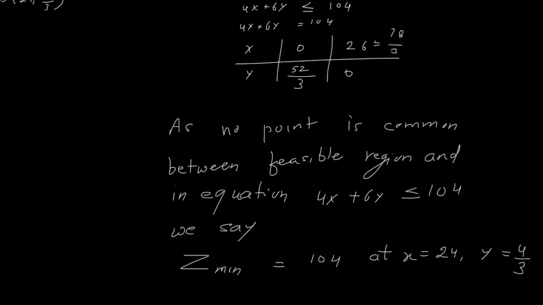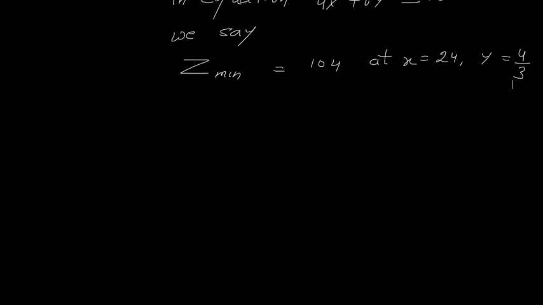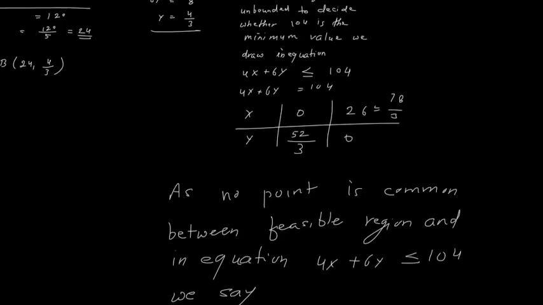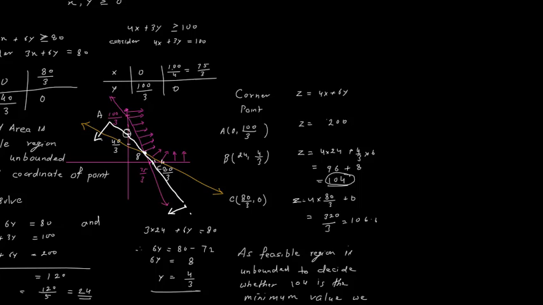So this is the minimum value of z, at 24 comma 4 by 3. Right. So this is how you solve this problem.